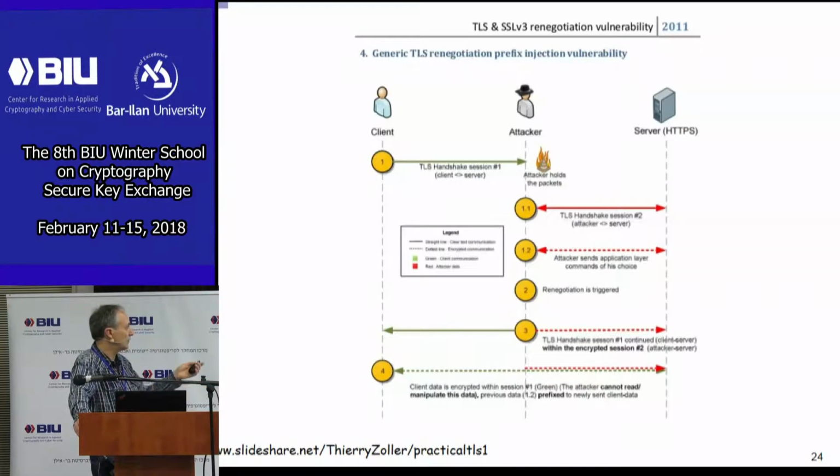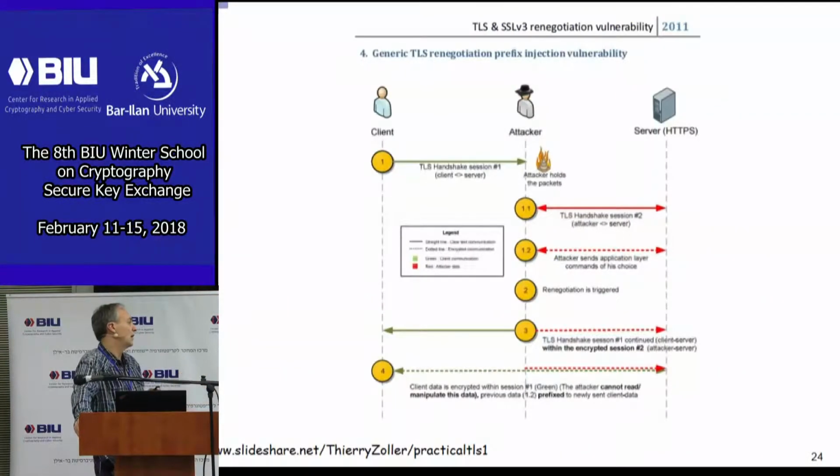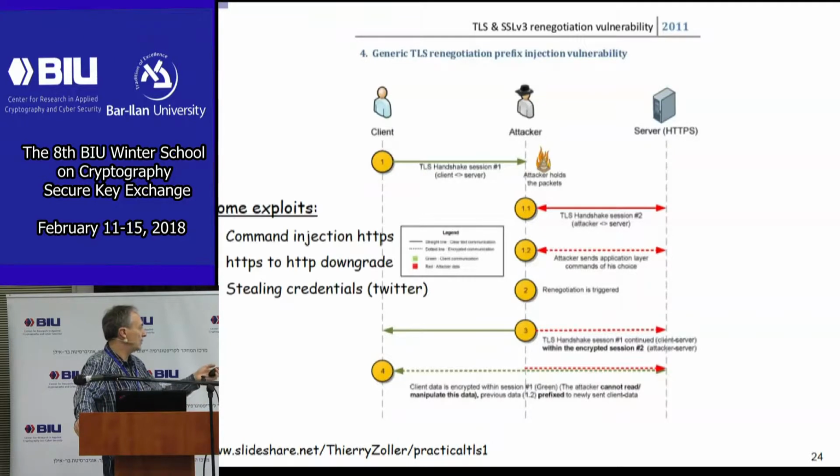As in the case of this attack, the attacker in the renegotiation bug doesn't learn the key. So it's a very good example of very practical stuff. For example, these have been used for injection attacks. It has been used for actually stealing cookies. So even without knowing the key, there are all kinds of things that the attacks here could exploit.